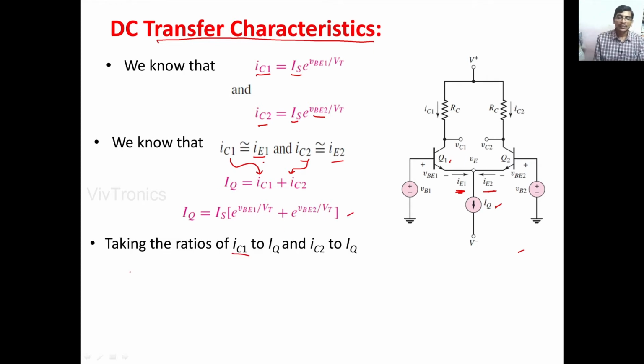Now I am going to take the ratios of the IC1 current to the IQ current and the IC2 current to the IQ current. If I take the ratio of IC1 to the IQ current, that will be equal to Is into e power VBE1 by Vt divided by Is into e power VBE1 by Vt plus e power VBE2 by Vt.